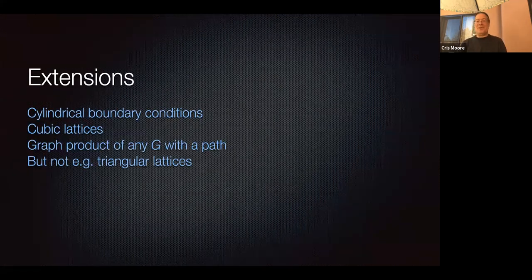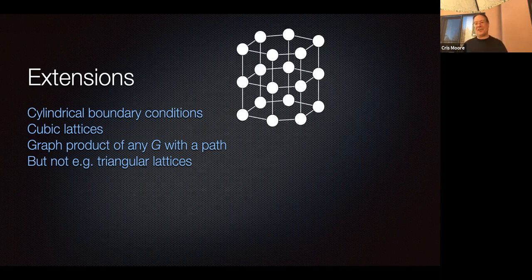So you may have noticed that this very same proof applies to lots of other lattices, right? So for instance, it applies to so-called cylindrical boundary conditions, where we have circles like this, because just replace, every time I said leftmost, just replace it with first in some ordering going around that lattice.